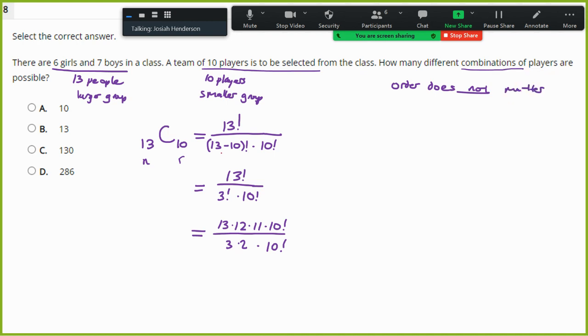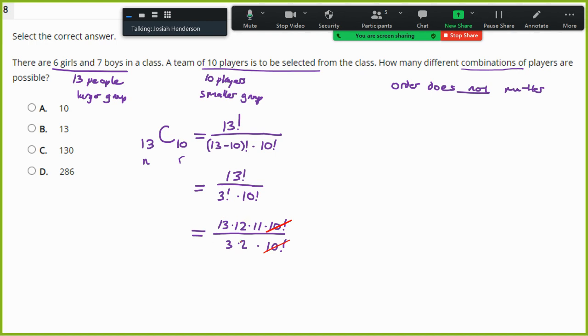Okay, now we can cancel anything that's a match on top and bottom. So we stopped the 13 factorial at 10. We could keep going and write it as 10, 9, 8, 7, 6, but the bottom is also 10, 9, 8, 7, 6. So we're going to cancel the 10 factorials right now. And then we can do some reducing.